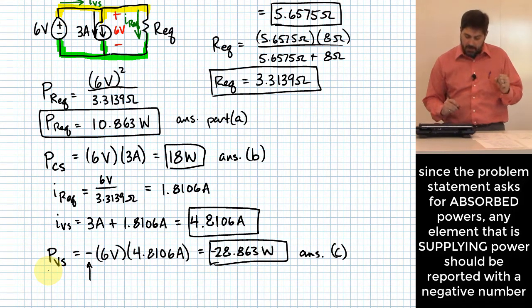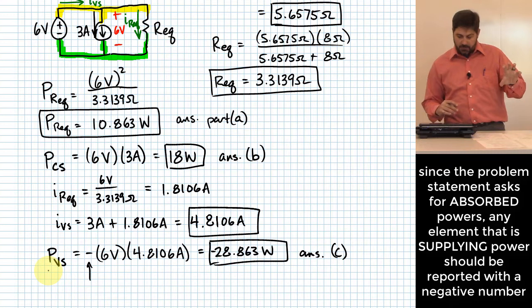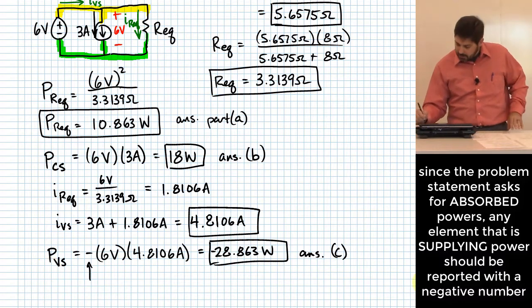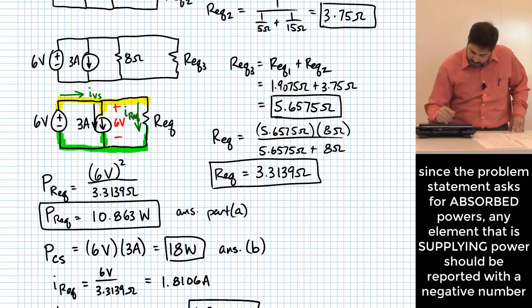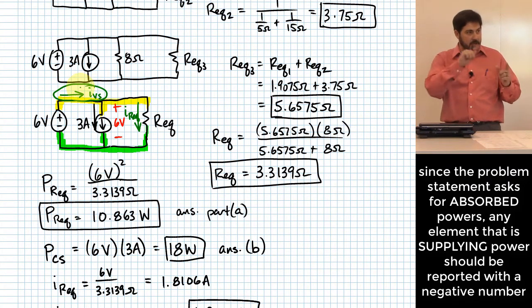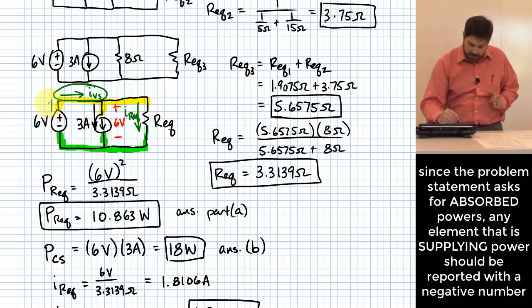I know that it's sourcing 6 volts and it's sourcing 4.8106 amps at that voltage, but I can look up here and say IVS is positive going, that is a positive value and it flows that direction, meaning it has current that's flowing that direction on the 6-volt source.